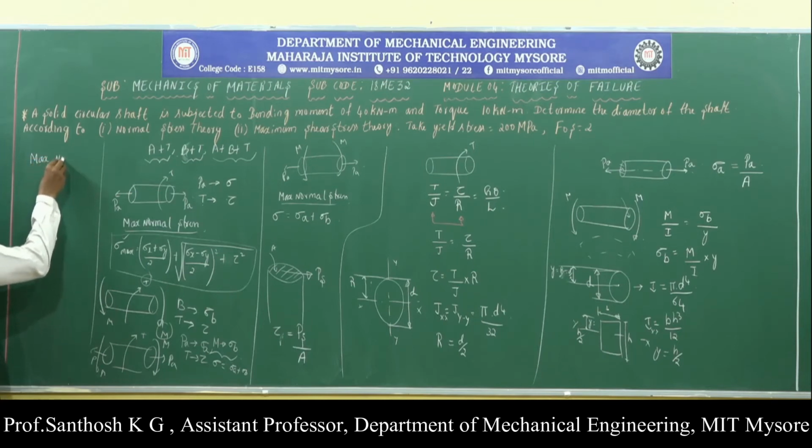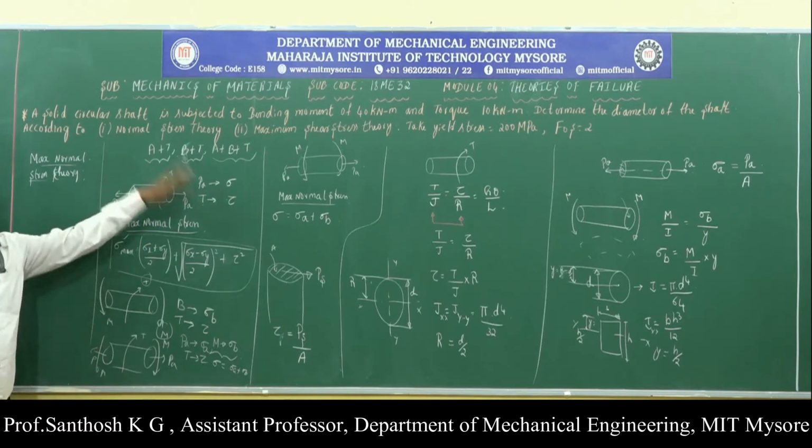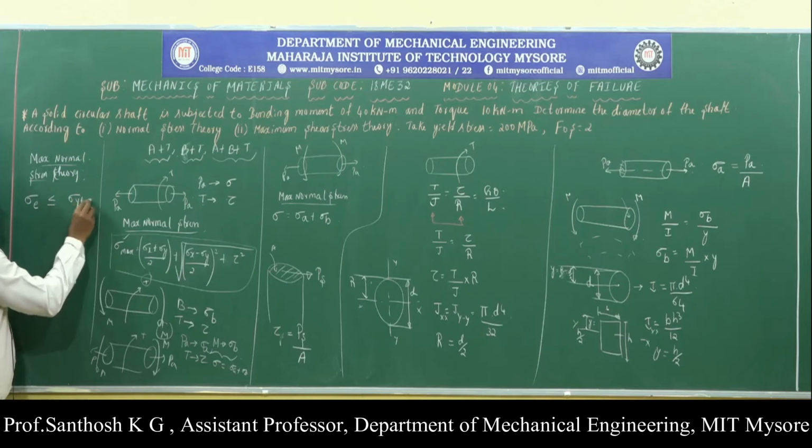The maximum normal stress theory statement is like this: if I want to keep a member safe under the action of a combined loading, then whatever stress is induced in the member due to the application of the loading should always be less than or equal to sigma yt divided by FOS.